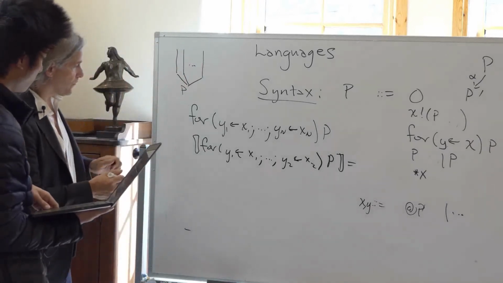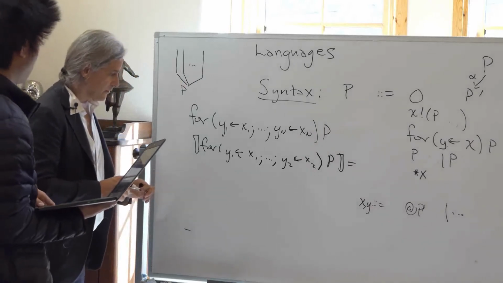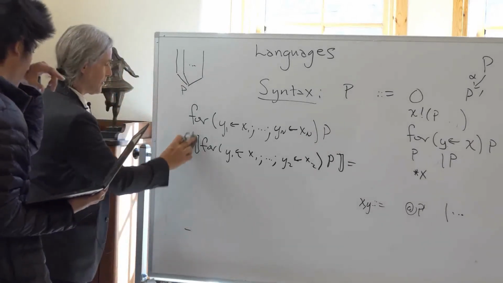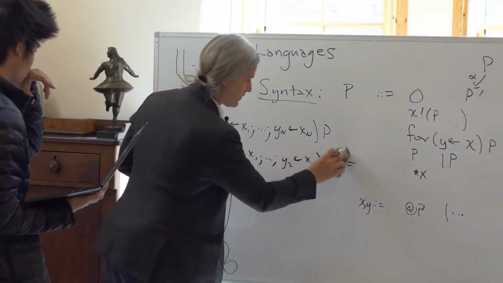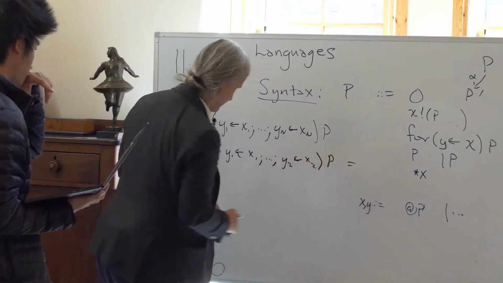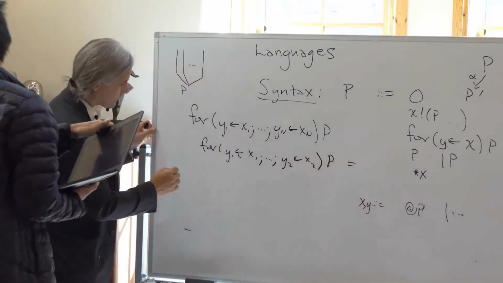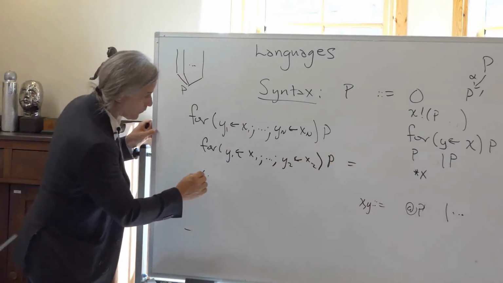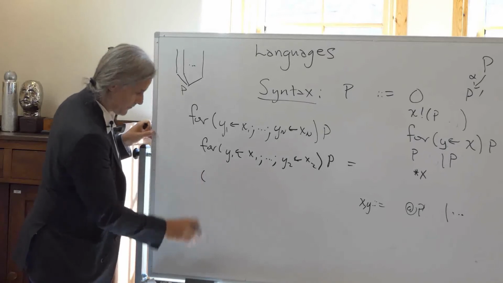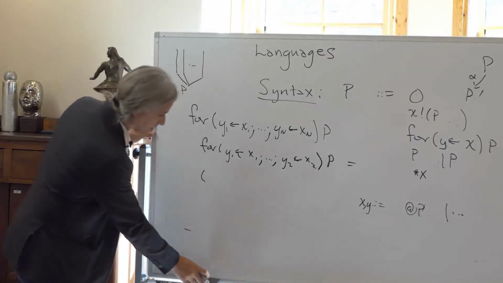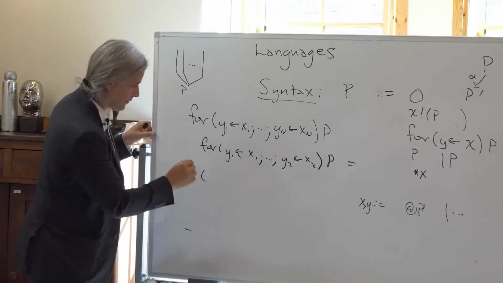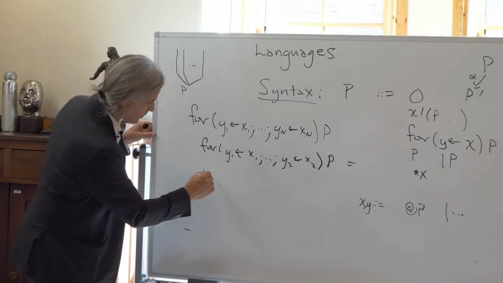So what you do. First, let me construct the intuitions, then I'll give you the translation. So what you want is you want to turn this into a tuple, right? Effectively, your tuple looks like this.